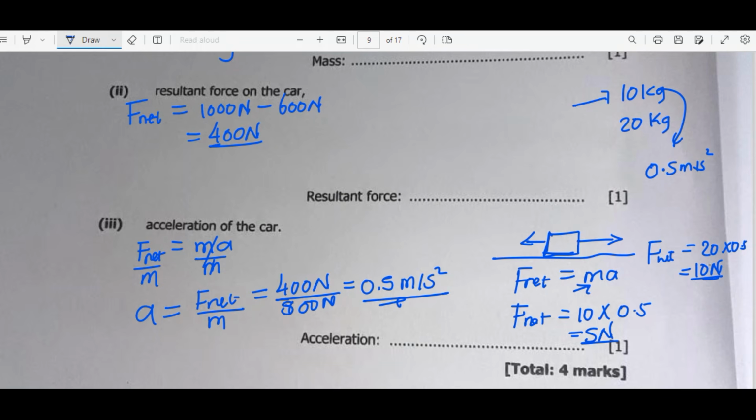Because of the mass. The two masses are different. So you can see that if you increase the mass of an object, then the force that should be applied must also increase. That's what I wanted us to look at. The net force to produce a certain acceleration depends on the mass of that particular object.